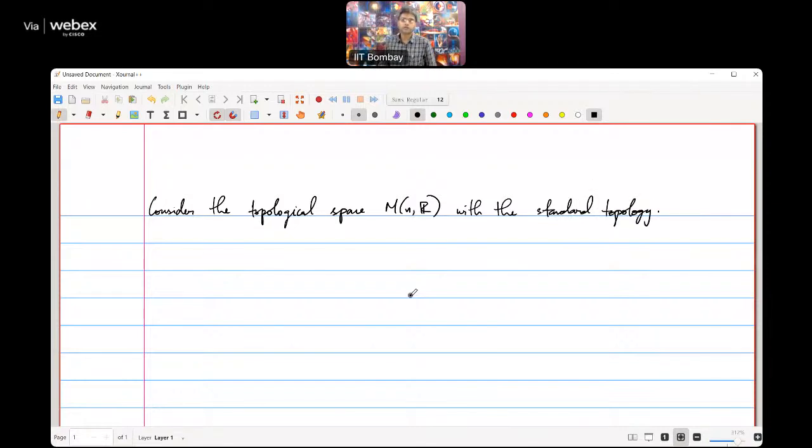I'm pretty sure that all of you know by now what this means. M_n(R), the space of n cross n matrices with real entries, is identified with R to the power n squared using the coordinates, and on this R to the n squared we give the product topology.